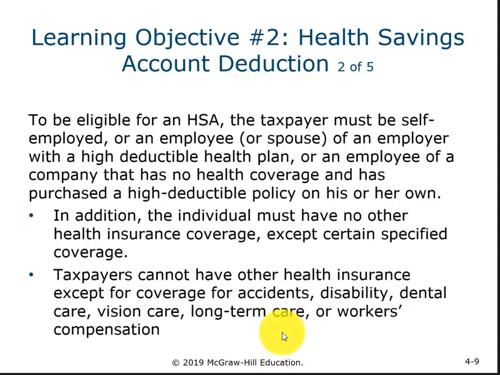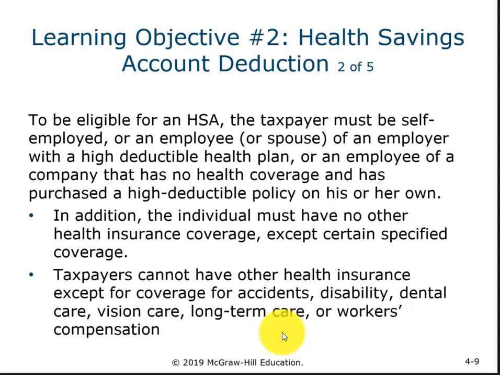All right, and the individual can't have other coverage or health insurance except for special coverage for accidents, disability, dental care, vision care, long-term care, workers' comp. Workers' comp, even though it covers some health costs, is not considered insurance that would disqualify you. So basically, you can't have a whole bunch of health insurance plans and still have a health savings account. You have to have the one high deductible health plan.